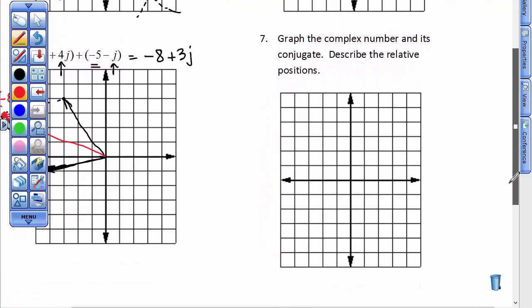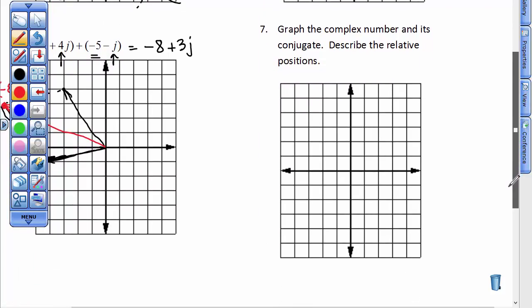This one's unusual. Graph the complex number and its conjugate. Describe the relative positions. Let's just pick a complex number. Let's just pick 2 plus 3j. So 2 plus 3j, go to the right 2, up 3. So there's that complex number. Its conjugate is 2 minus 3j. So I would go to the right 2 and down 3.